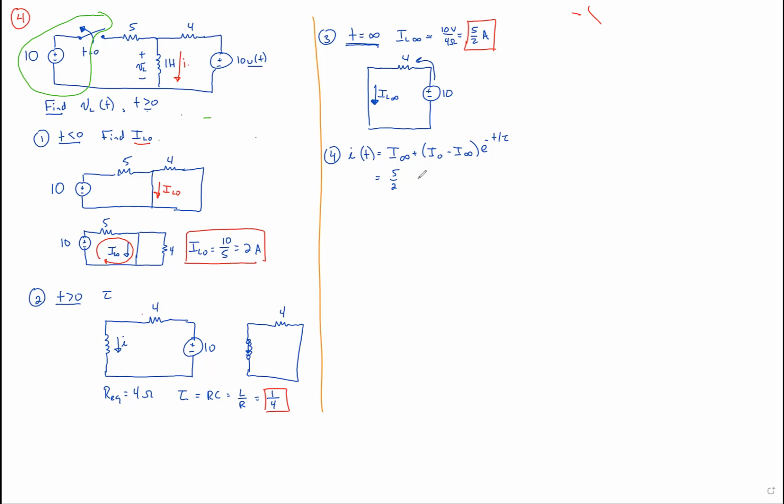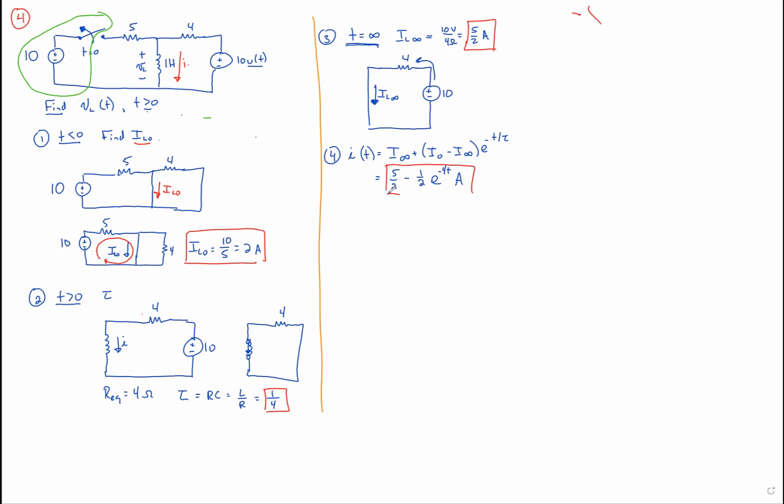And then we're going to add to it 2 minus 5 over 2. So let's see, 2 is equal to 4 over 2 minus 5 over 2 gives us negative 1 over 2 times e to the minus t over 1 over 4. And 1 over 4 is 4t. And so it's this.